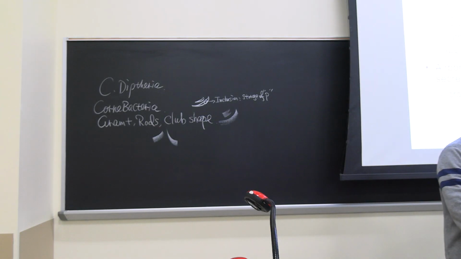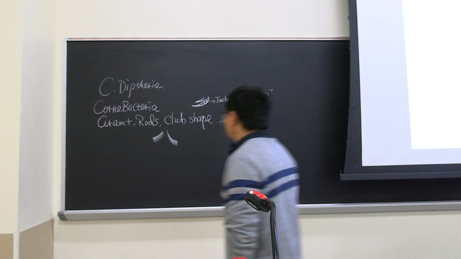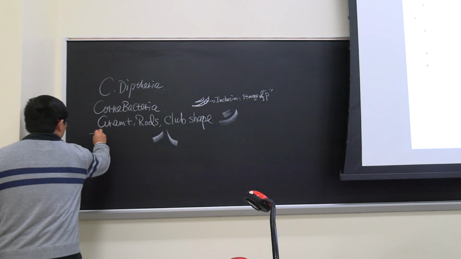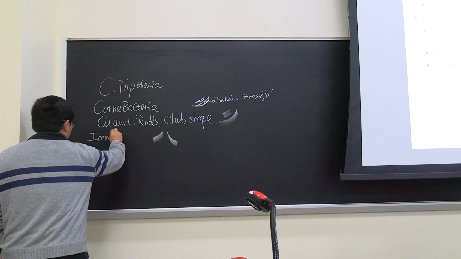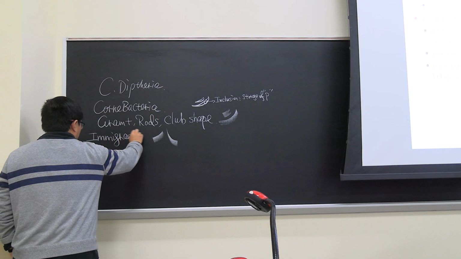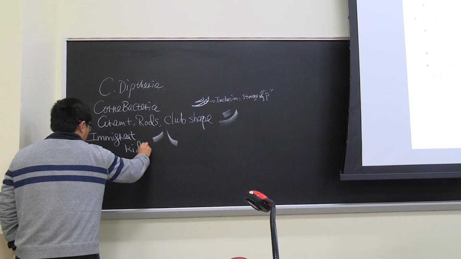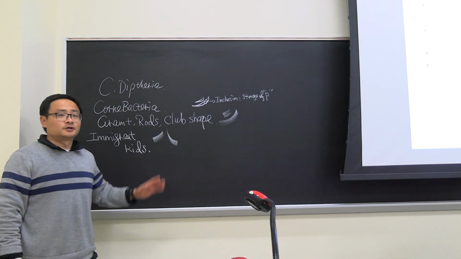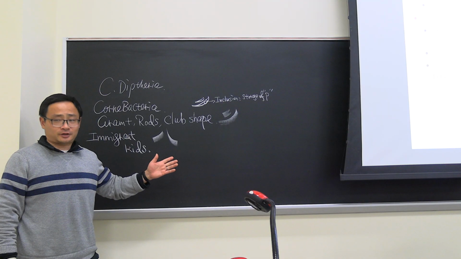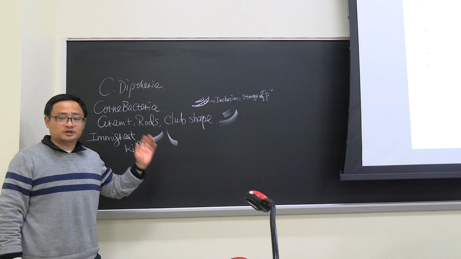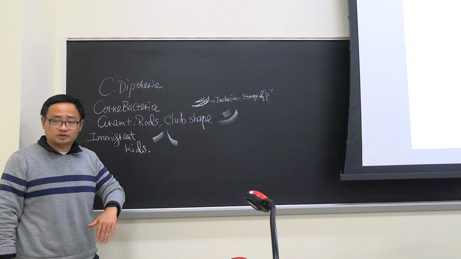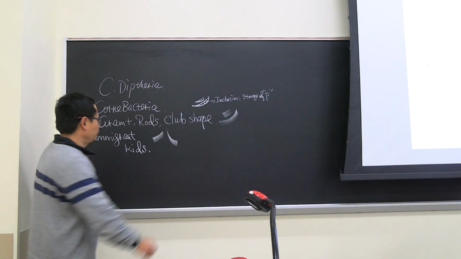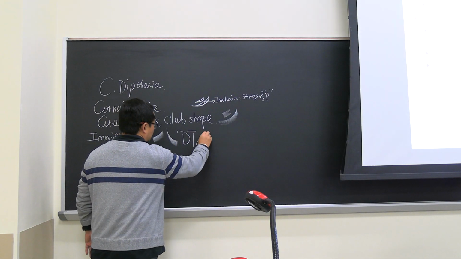Okay, what will cause a problem? This usually happens to immigrant kids. This sounds like a sensitive topic right now, but based on CDC data, the high-risk group is immigrant kids who came to the United States without vaccination for DTaP.